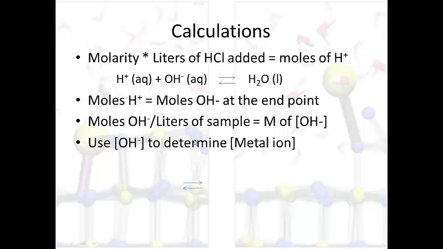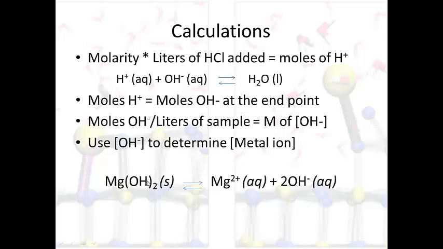You will use the molarity of your hydroxide ion to determine the molarity of whatever metal ion you have for that particular hydroxide. So in this case, magnesium hydroxide, you want to write out your balanced equation for the dissolution of magnesium hydroxide into its ions, and you can see that there's a 2-to-1 ratio here of hydroxide ions to magnesium ions.